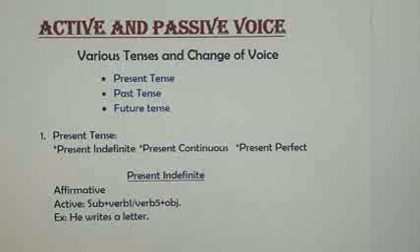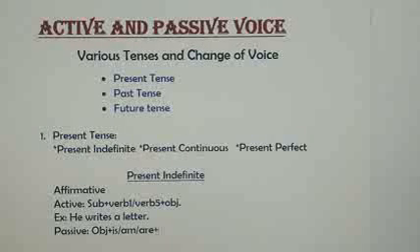And now what I'm going to do is write the passive structure for present indefinite tense. Okay, the object will come first. After the object, we will use an auxiliary verb: is, am, and are.